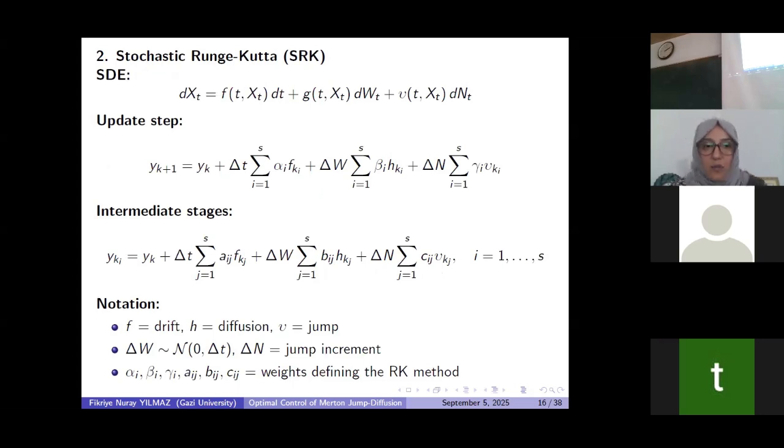And we have a stochastic version. Here, we also have an update step and intermediate states. It is very similar to the deterministic case. Instead of delta t, we also have delta w and delta n from the jump terms. We also have Runge-Kutta coefficients, weights, I mean.